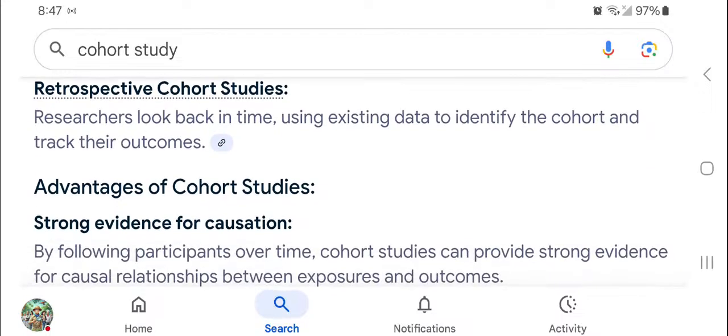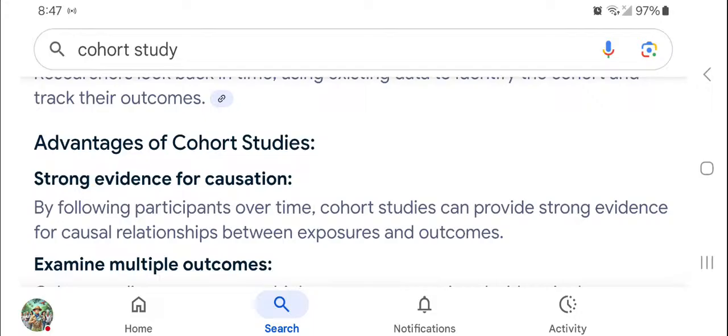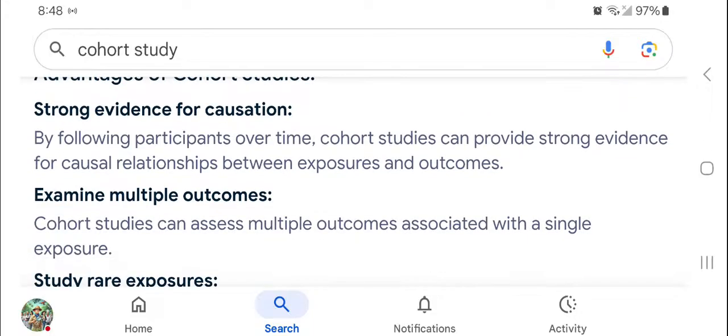Okay, advantages of cohort studies: strong evidence for causation. By following participants over time, cohort studies can provide strong evidence for a causal relationship between exposures, which are risk factors, and outcomes, which are certain diseases.